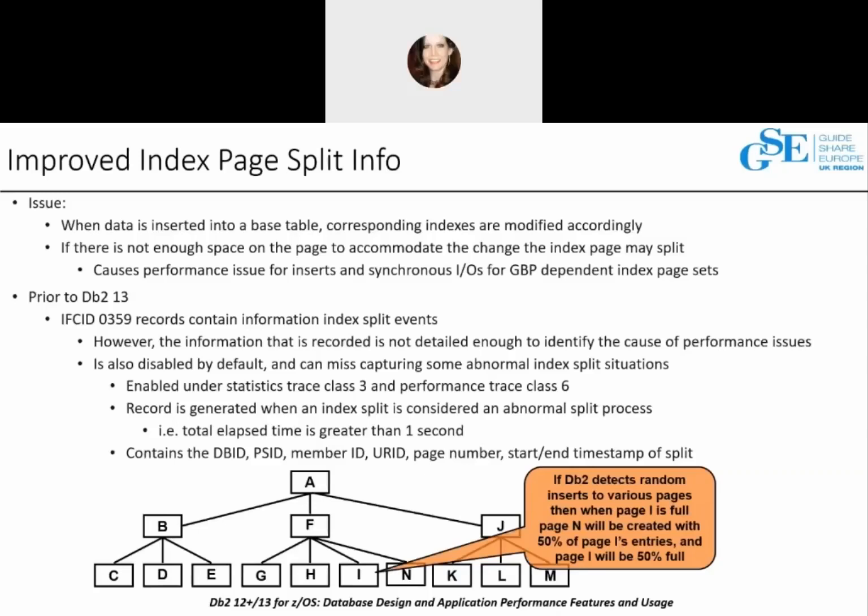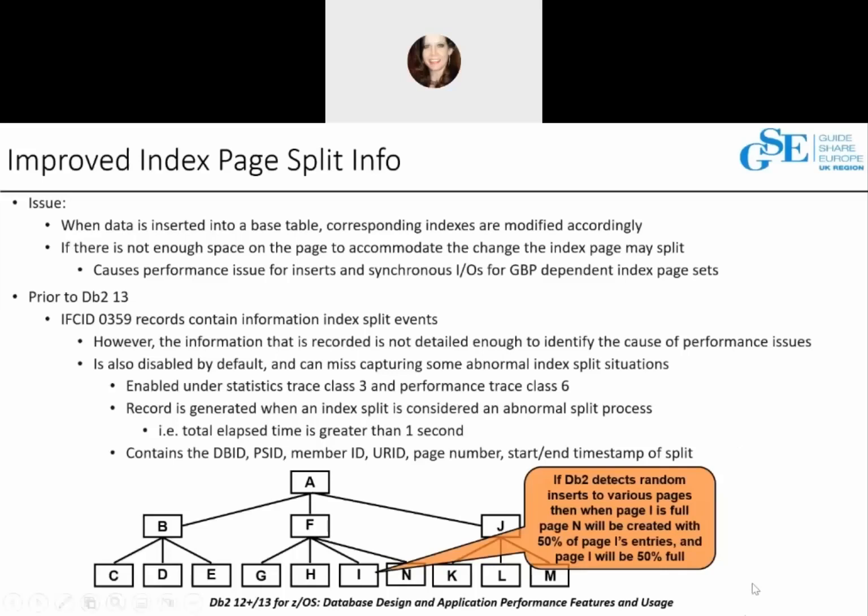If your inserts start taking longer, you need to start looking into the fact that you might be page splitting. They're hard to find, and it's hard to tell when it happens. But IFCID 359, which came out a couple of releases ago, I believe in version 11, does contain information about page splits if we have it turned on. It contains who split, when the split occurred, the page number it occurred on, and so forth.